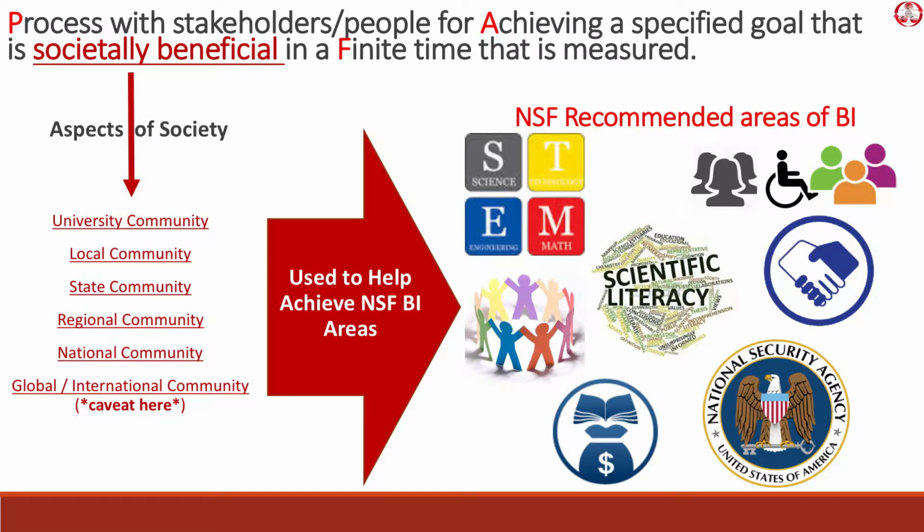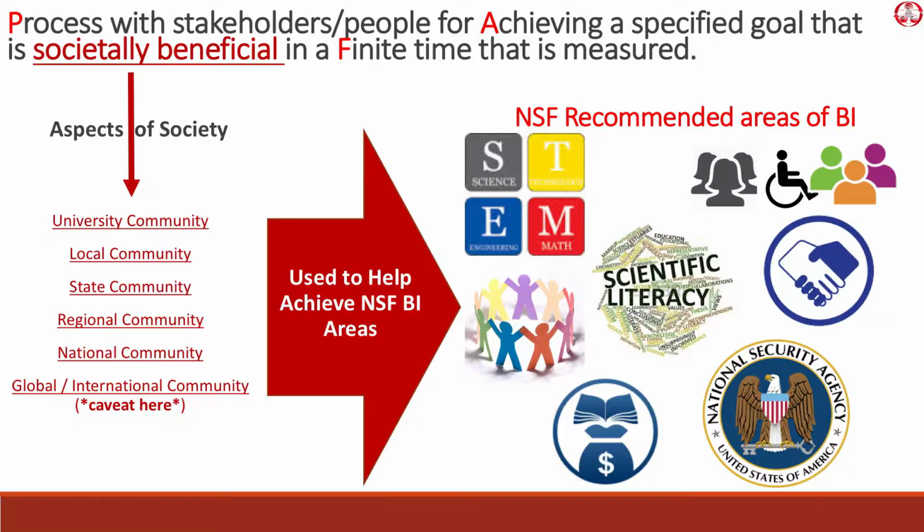So any aspect of society, whether it's in the university community, the local community, the state community, the regional community, the national community, and then we begin to think about global or international, because it's the National Science Foundation, we have to take that into consideration.